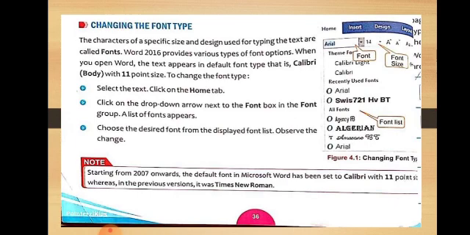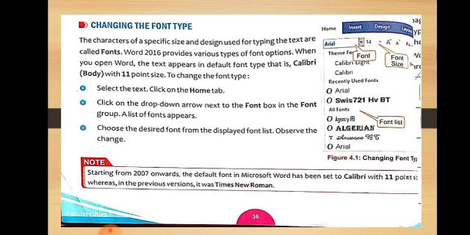But you must be wondering what font size is. The question must be arising in your mind, what is font size? The font size is the overall size of the letters that you type.